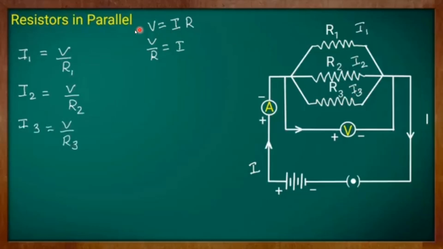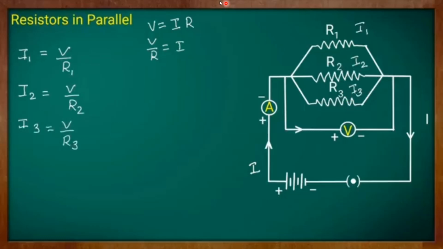According to the formula I have written, I is equal to V by R. So I1 is equal to V divided by R1, similarly I2 is equal to V divided by R2 and I3 is equal to V divided by R3. Only I1 current will pass through the resistance R1, I2 current will pass through R2, and the remaining I3 current will pass through the resistance R3.